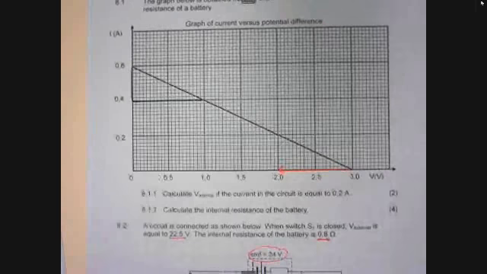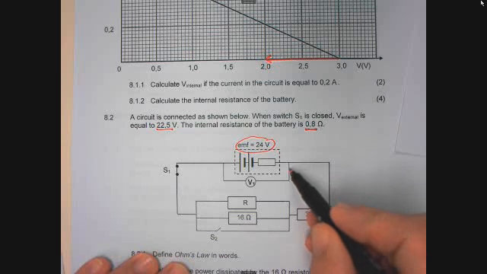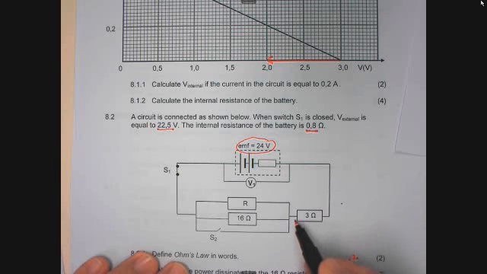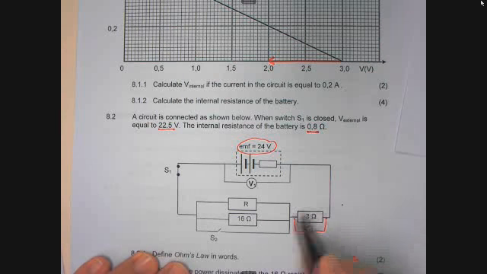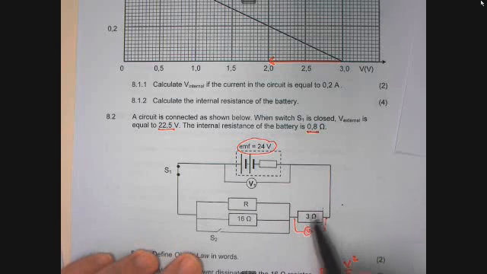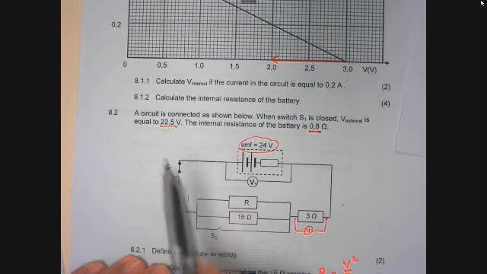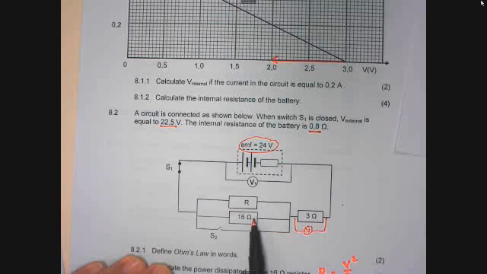Why does he need the total current in the circuit? If he knows the total current in the circuit, he can calculate the voltmeter reading across this series resistor, this 3 ohm resistor. You have the external resistance, so if you subtract that from this reading, voltmeter reading, you will have V parallel.